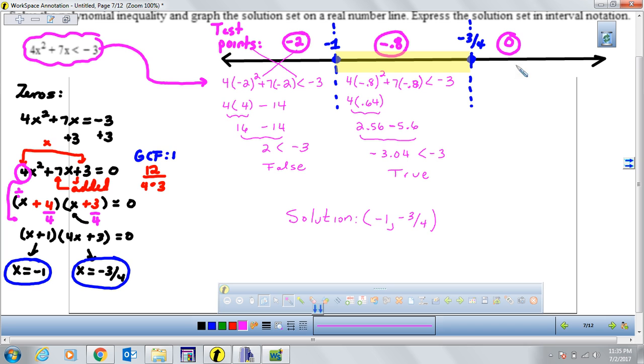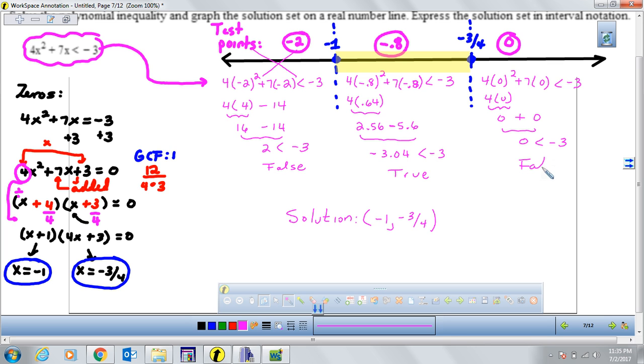Let's test out the last interval. So now we're going to test the 0 on the right side. So it's 4 times 0 squared plus 7 times 0 must be less than negative 3. Now 0 squared is going to be 0. Times 4, it's going to be 0. Plus 7 times 0 is going to be 0, so that gives us a 0. Is that less than negative 3?